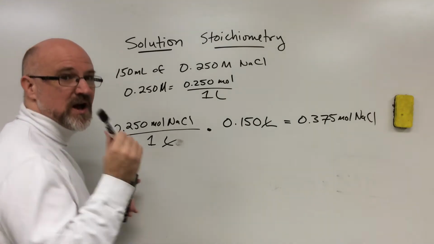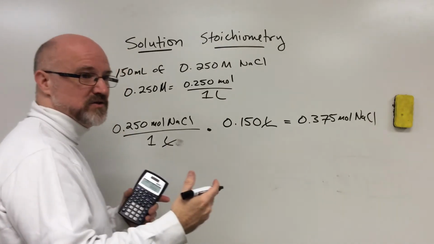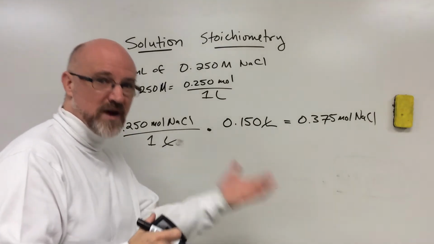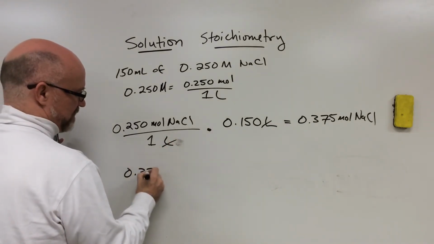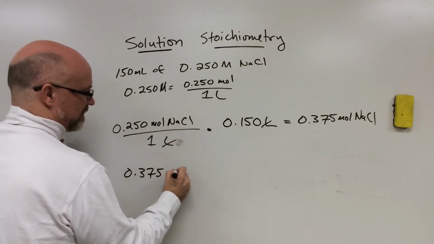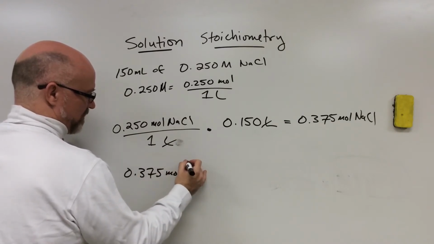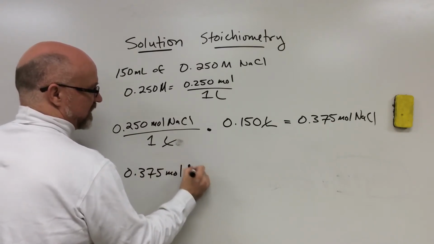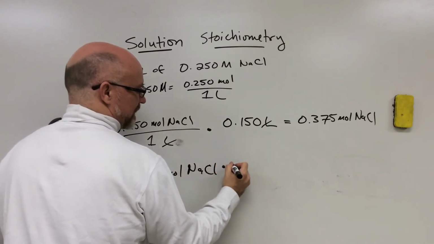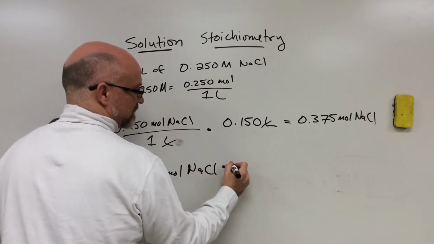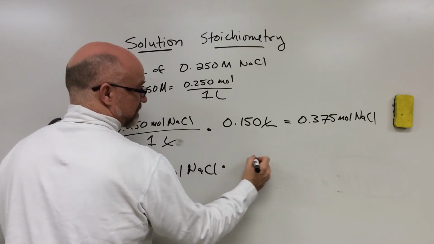So now I just need to know how many grams that translates to, because I don't weigh things out in moles, I weigh things out in grams. So take my 0.0375 moles of NaCl and times it by the molar mass.